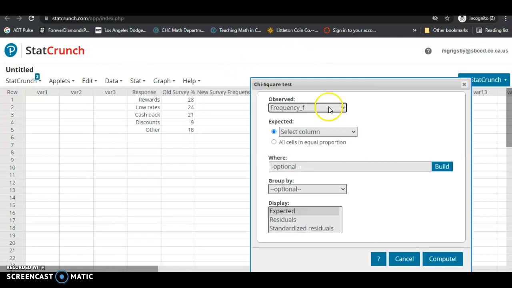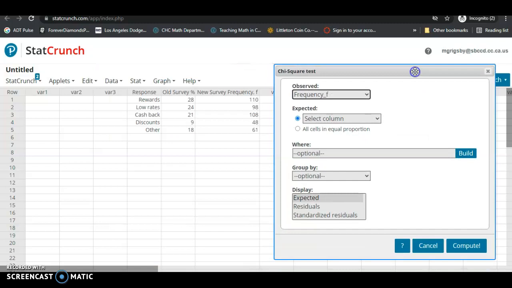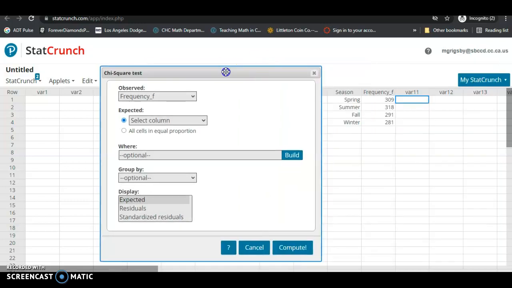Unlike the other example we did, where the expected frequencies were calculated according to the percentages, and StatCrunch did it automatically when we selected the column that contained the percentages, in this case the problem just says we believe that the number of homicide crimes per season is uniform, meaning we should expect the same number of homicides per season.